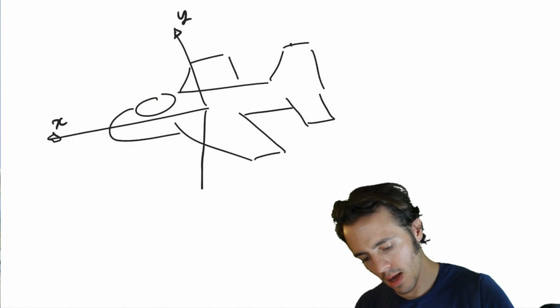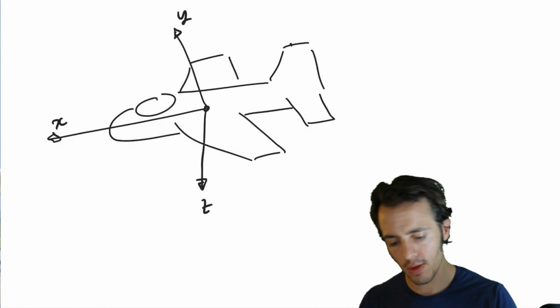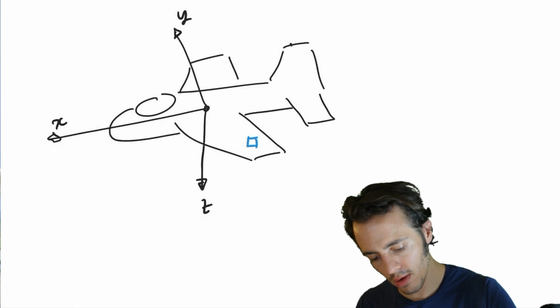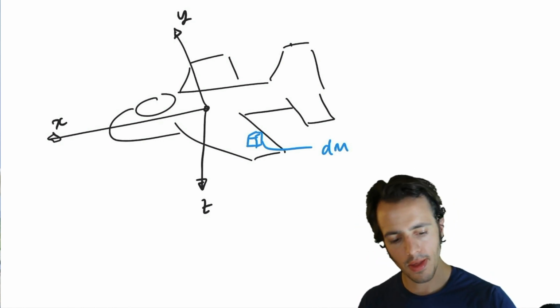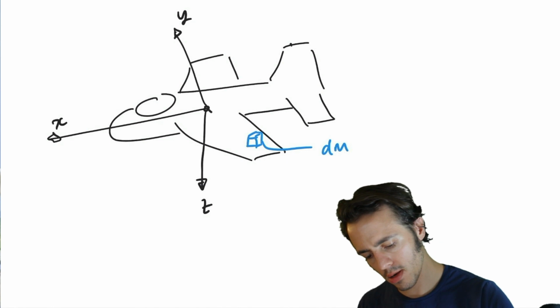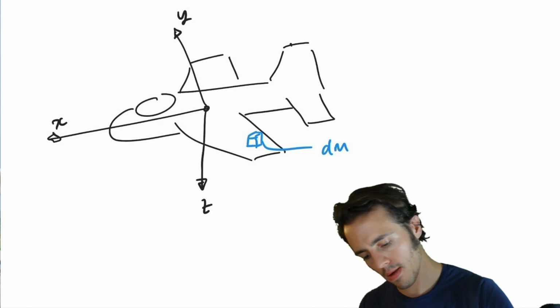X, Y, and Z axes, and we're going to look at a small mass at an arbitrary location on the aircraft somewhere. So I've got this small mass which I call dm, and we're going to say that this exists at some location. Let's draw that with another colour pen so it doesn't look like an axis.